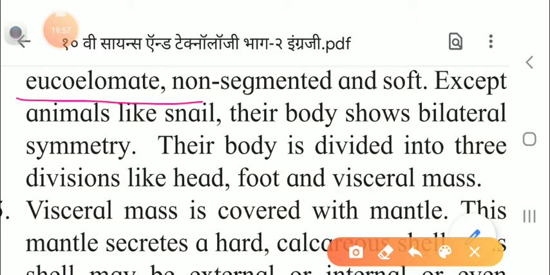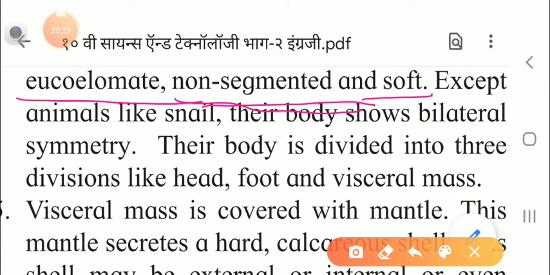Eucoelomate means a true cavity is present. They are non-segmented. Non-segmented means their body is not divided into segments, like you have seen in the earthworm, children, where the full body is divided into small segments. But here it is non-segmented. No segments are there.